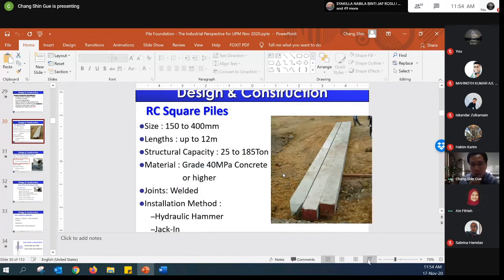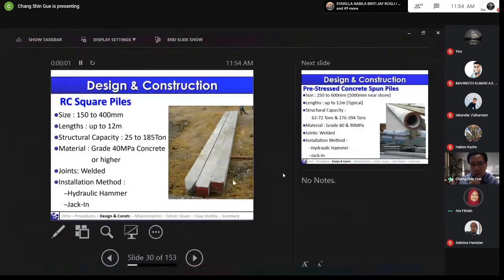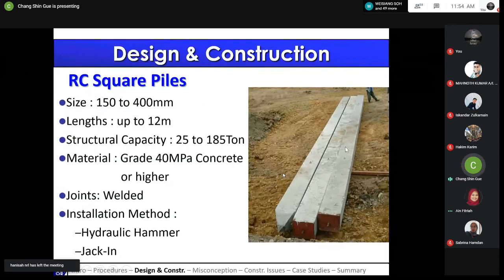Oh, that one is actually for the connection. This is the starter pile where you have the sharp edge, and if you want a longer length, this is to connect to the next pile. So this is not the reinforcement that you're talking about. This is actually to connect the piles, and then you have to weld them. So that's why the joints are welded.